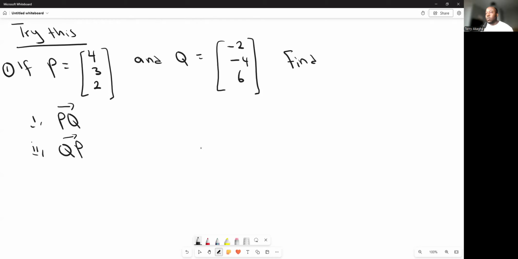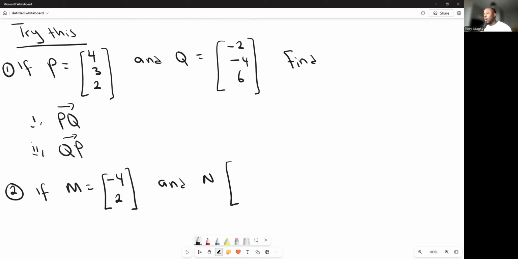Number 2, we're told if M is equal to minus 4 and 2, and N is equal to 5 and 8.